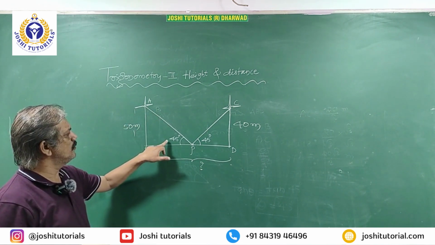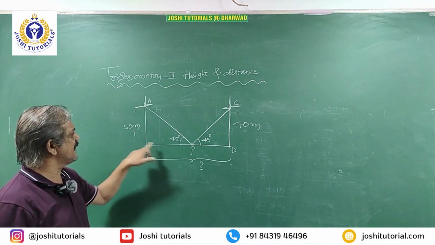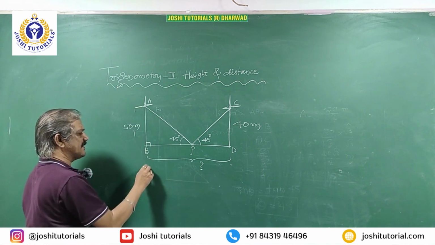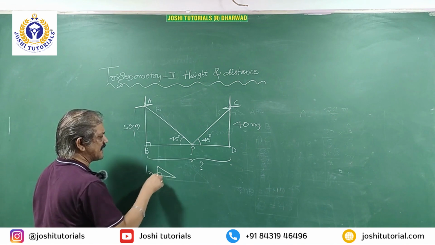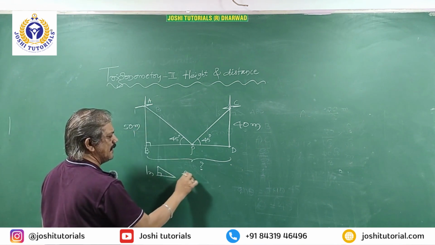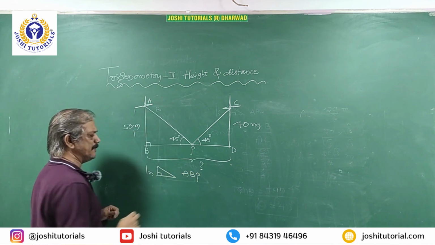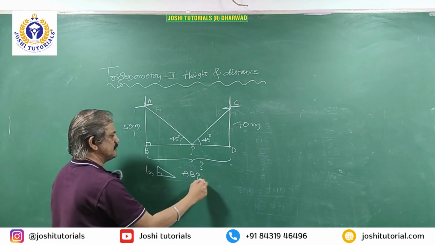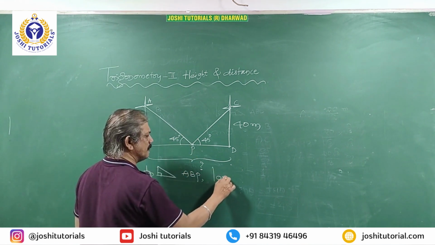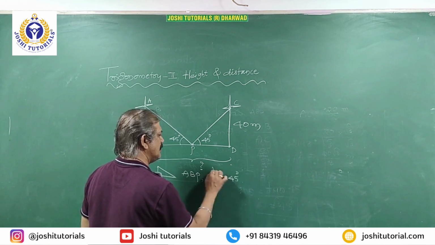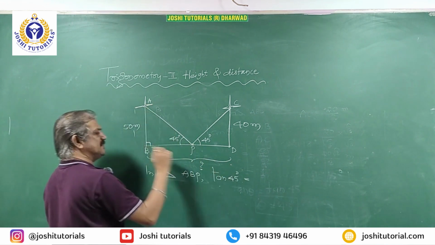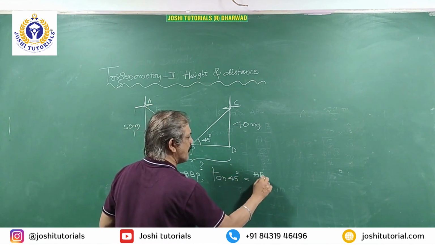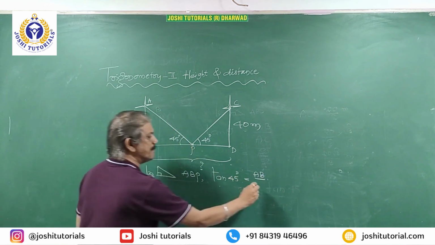First, observe the right angle triangle. In right angle triangle ABP, you say tan 45 is equal to opposite, which is AB, divided by BP.